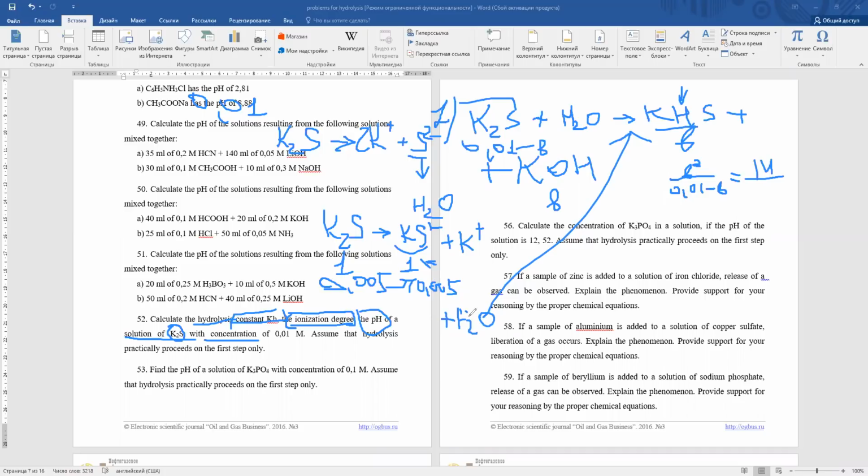Is that clear? Ionization means whenever you found B, you can find the ionization degree. You just divide the B by 0.01. It's equal to hydrolysis degree.